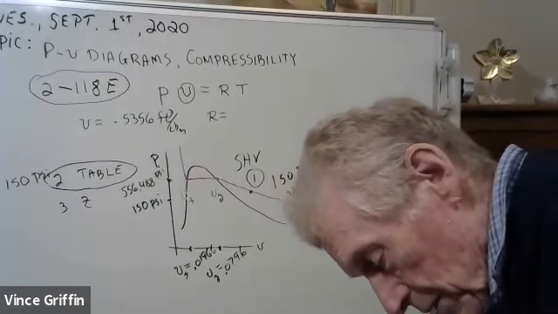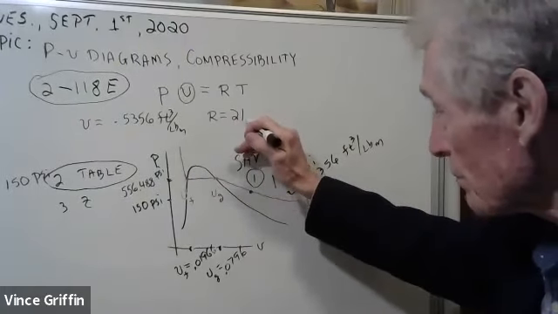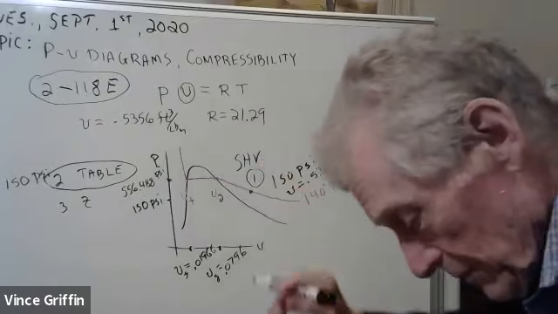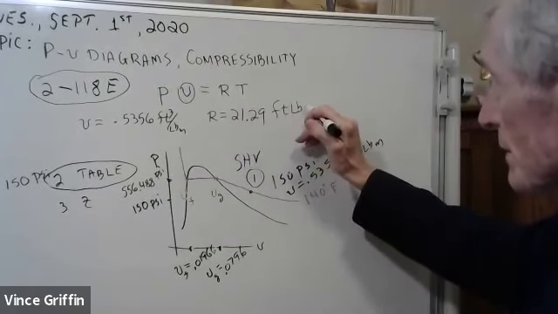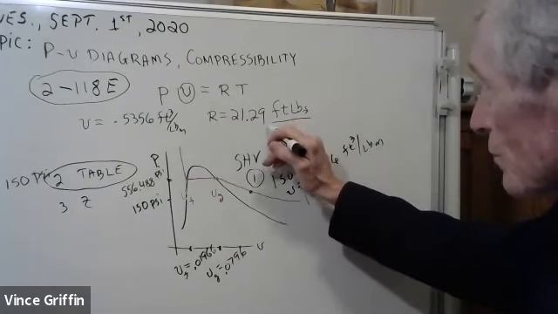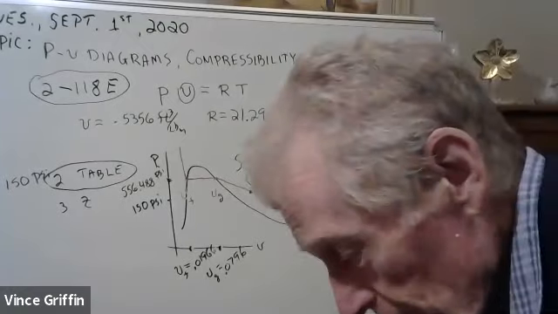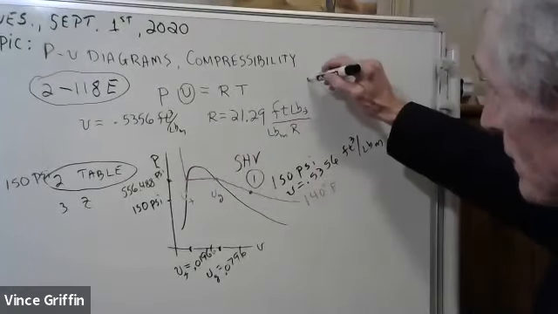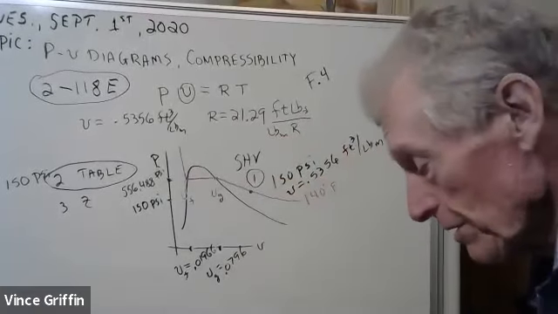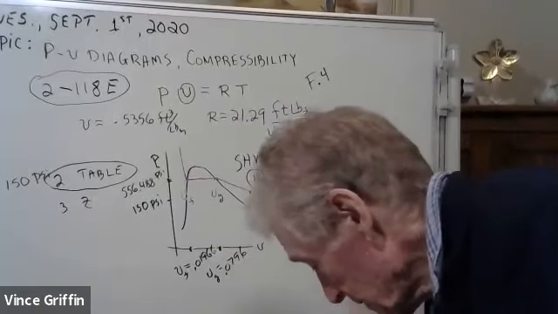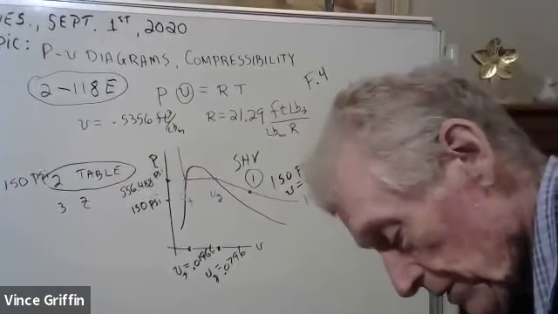I'm getting 21.29 foot-pound force per pound mass Rankine. I found that on table F.4. Table F.4. And I'll wait till I hear an uh-huh from the gang here. See if you can find that. Can you find it?